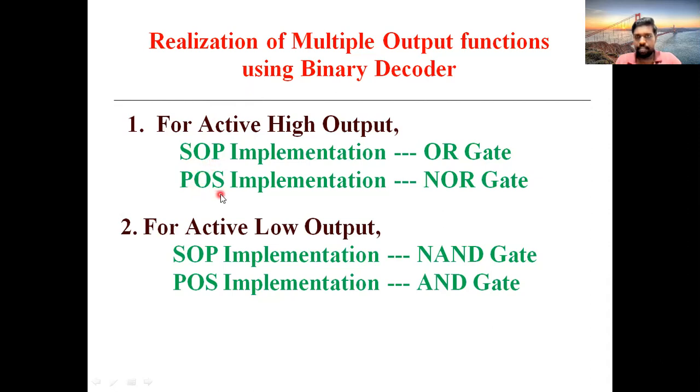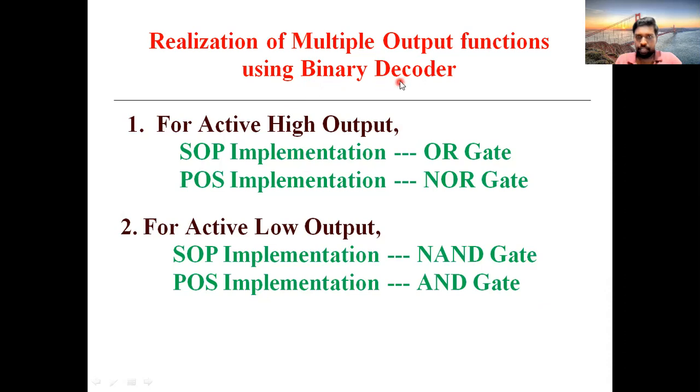And now here we are having 2 different cases. Suppose your decoder consists of active high outputs, then how to implement it? Suppose you are having active low outputs, then how to implement it? That is the normal condition we need to implement. So please make a note of these points.